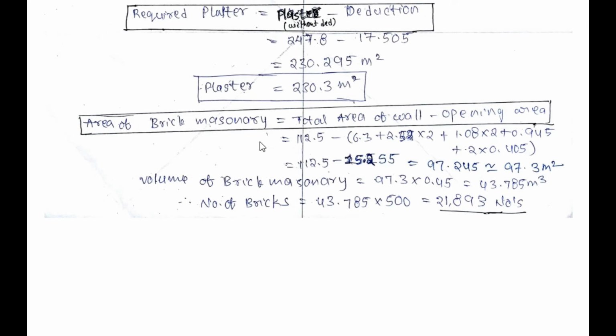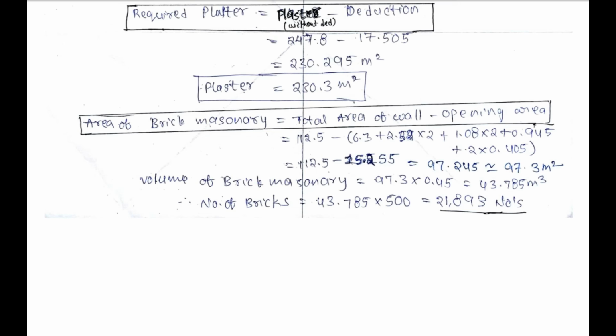Area of the brick masonry equals the total area of the wall minus the area of the openings. Total area of the wall is 25 into 4.5, which equals 112.5, minus the area of the openings, meaning deduct all the openings. In plaster, for the openings greater than 3 meter square, we deducted two faces and added some sides, the upper sides.